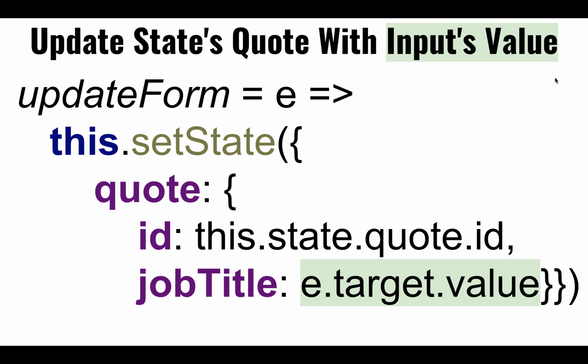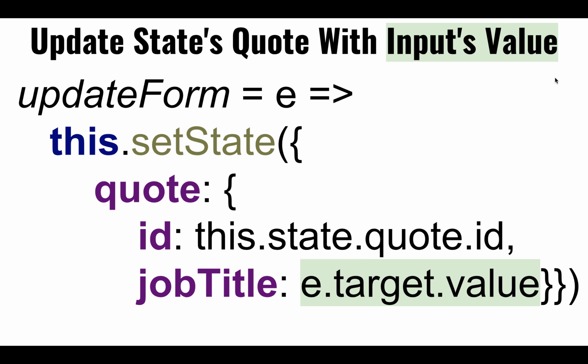And in the update form, we're just going to update that quote object that we stored in the state. We're just going to update it with the new value that we just typed, right? So we're grabbing it from the event that came from our keystrokes. The target being the input field and the value, the current value of that input field, and that's what we take as the job title in this case.